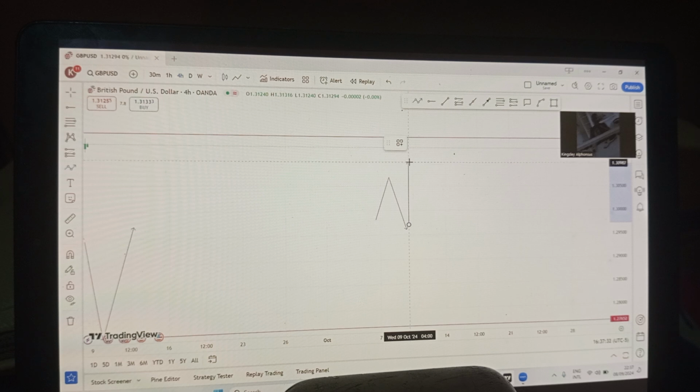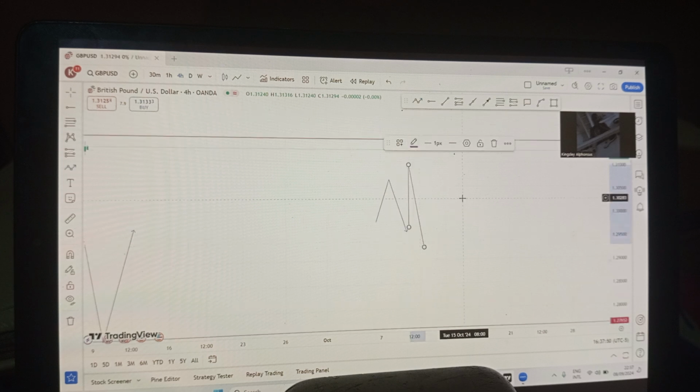What do we expect from this market? We expect a retest of this same zone that got broken. We expect a retest of it, but the market still broke it to the downside. What do we expect? We expect the market to retest that zone again and sell. So this is more like a manipulation to the upside, then it drops again.